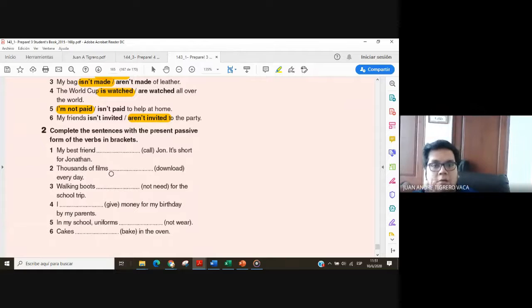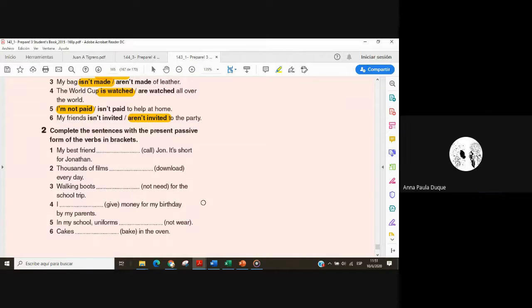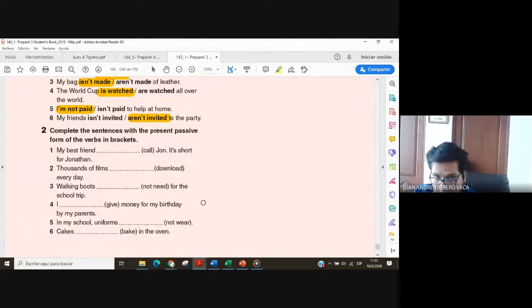So you remember how to do it. You have to use the verb to be and then the verb in past participle. So for this, you have 5 minutes. Complete it on your own in silence, 5 minutes. Teacher, what page? Page 165, student book.